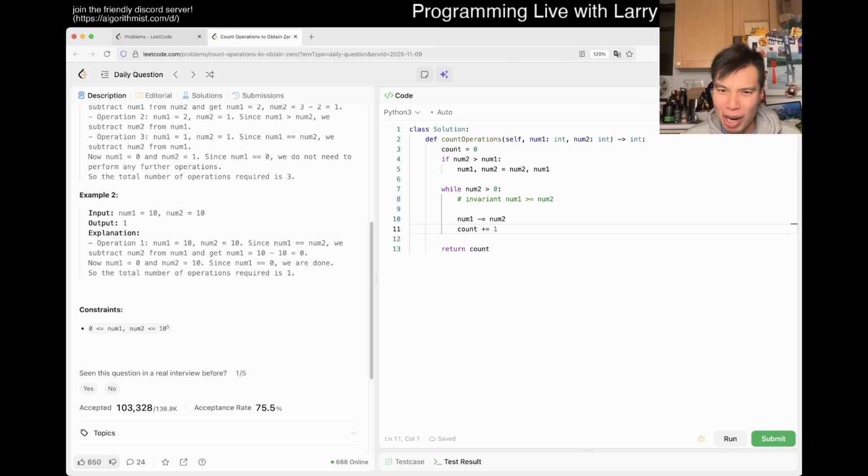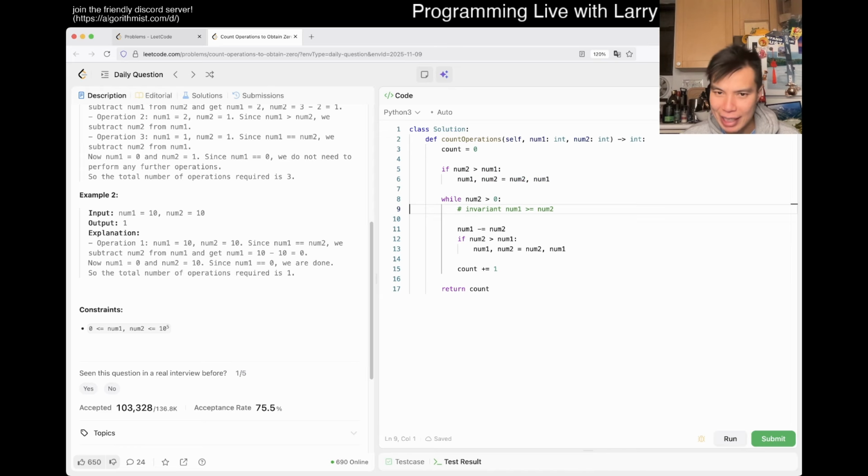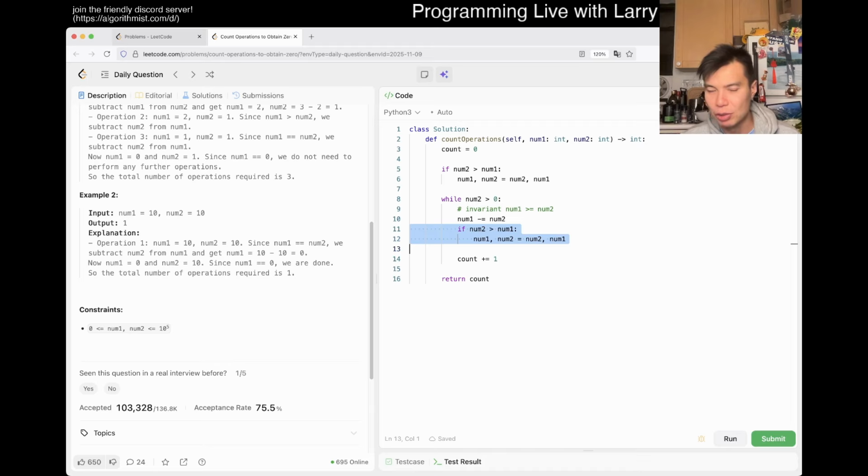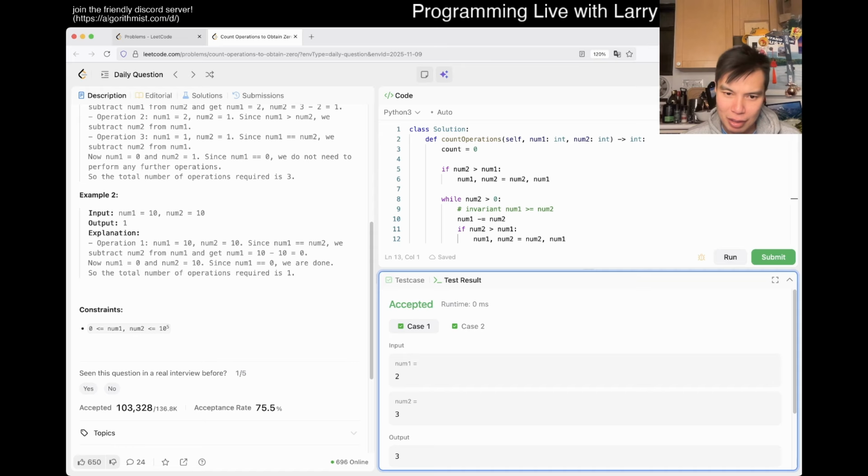This is more like a do-while loop, and that's why I have to do the swap afterwards. Going in, this will be good, this is the invariant that's going to be true at this point. But after the subtraction it's no longer true, so you make the invariant true by doing this again. And then I guess just increment. But yeah, all right, there you go.